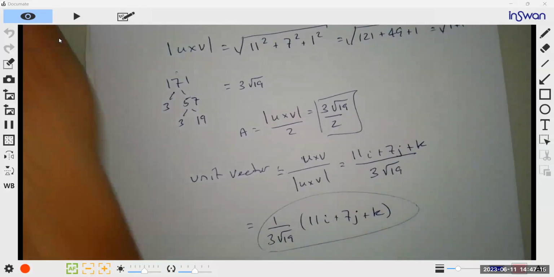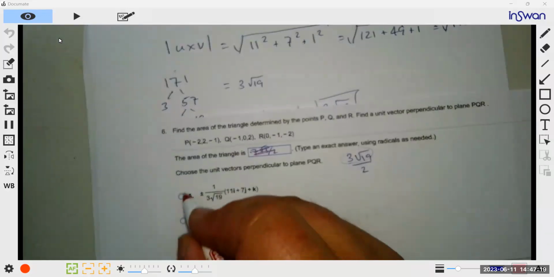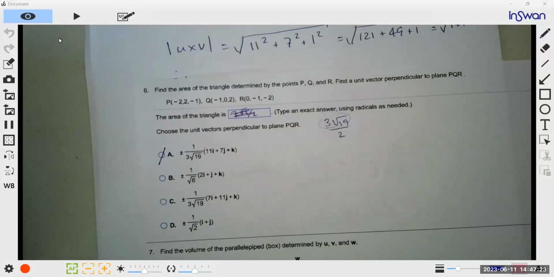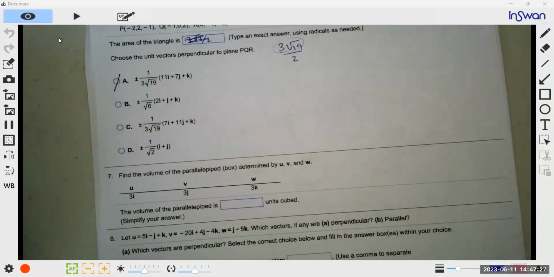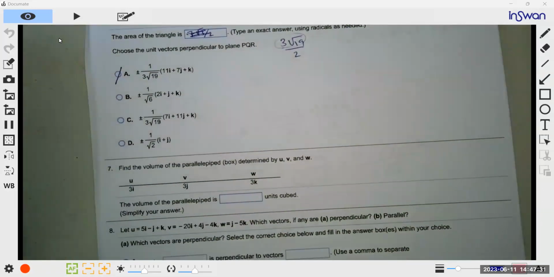And that we see as A. All right. Sorry about that. I went off on the wrong tangent there.